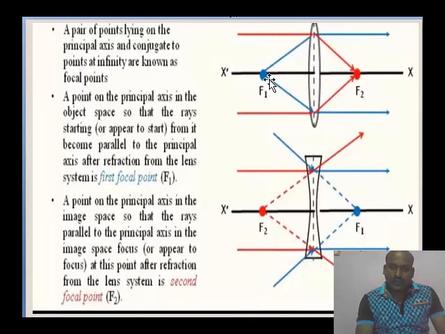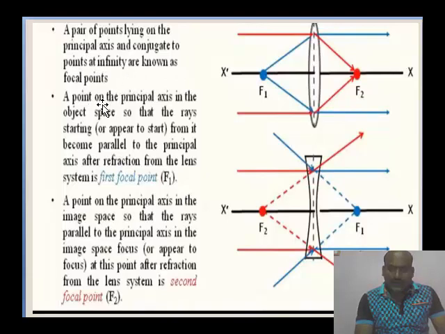So F1 and F2 are the conjugate points lying on the principal axis, and these points are known as the focal points.